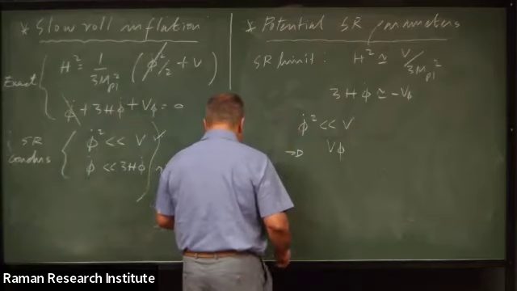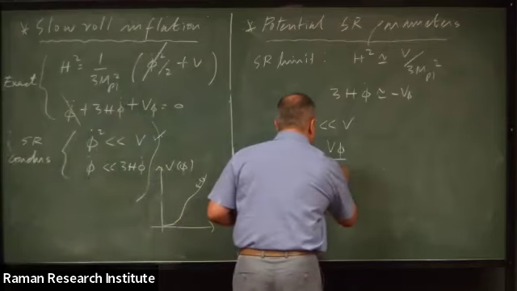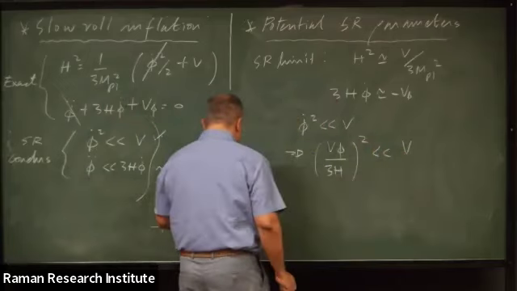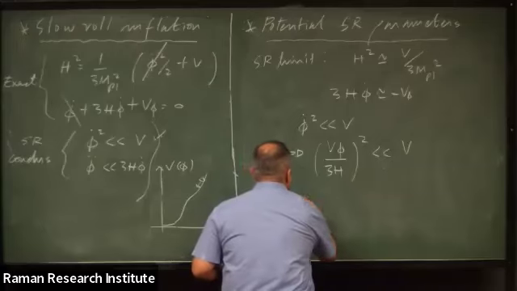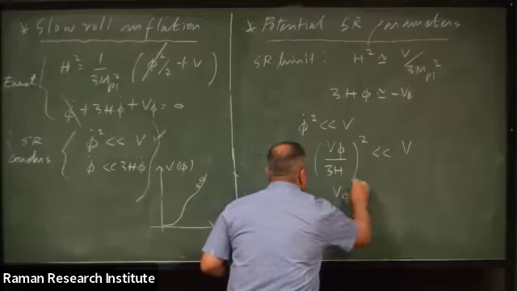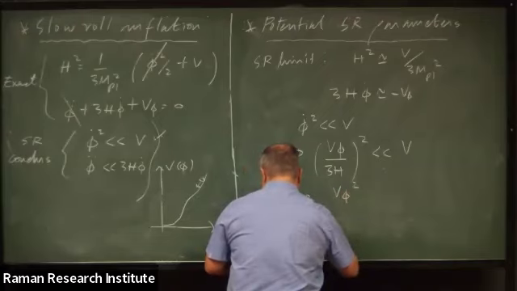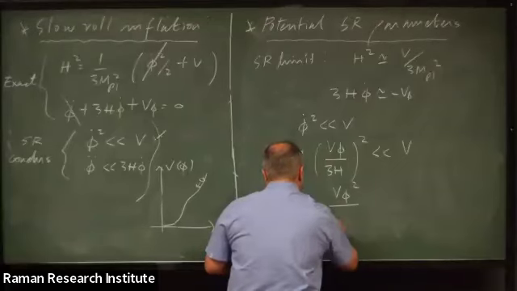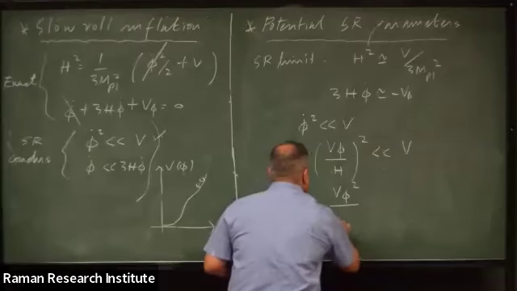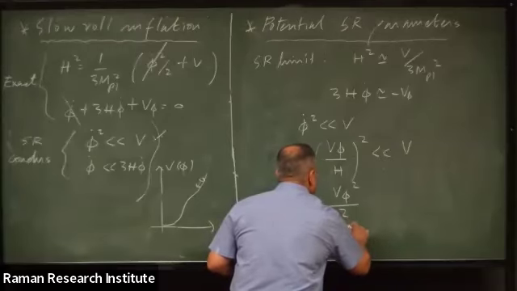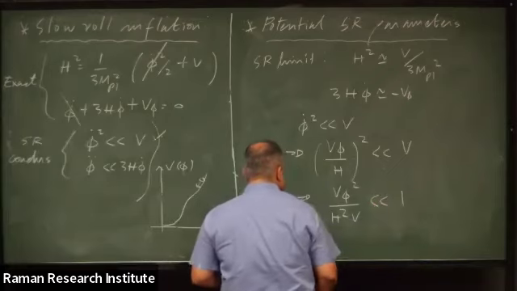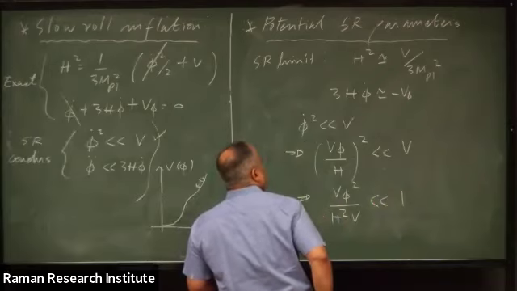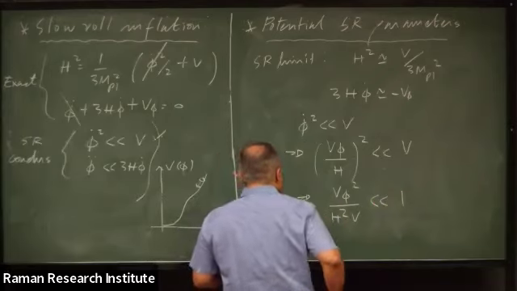So I can take into account 3H squared is much, much less than V. This implies V phi squared by H squared V is much, much less than 1. But H squared is, there is a factor of MPL squared I've missed, right? No, this is correct.